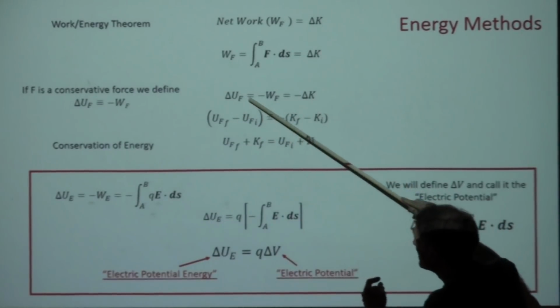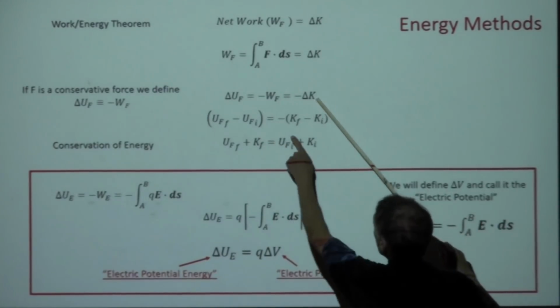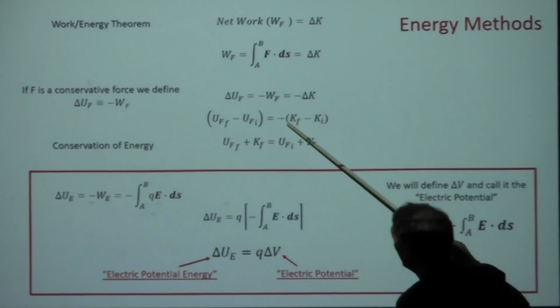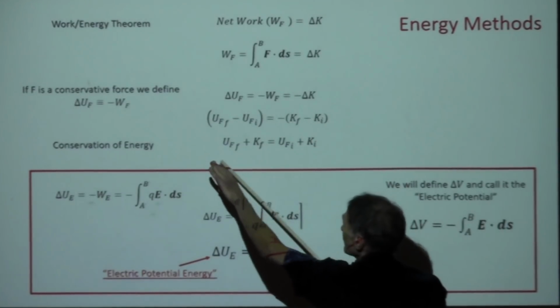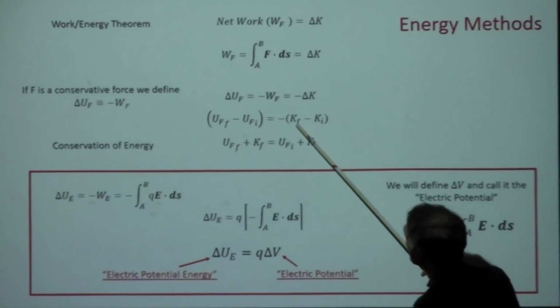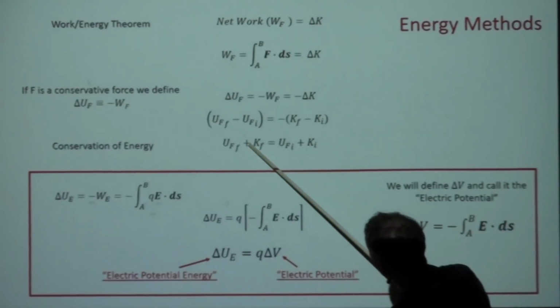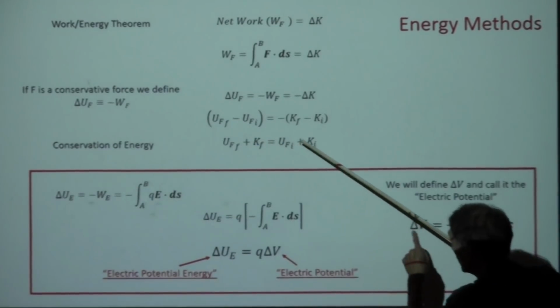In the past, we'd say delta U is U final minus U initial, and delta K is K final minus K initial. We need that minus sign so that we can take all the final terms over to one side. U final plus K final goes over here as a plus. Then we have U initial, from a minus, take it over here as a plus.